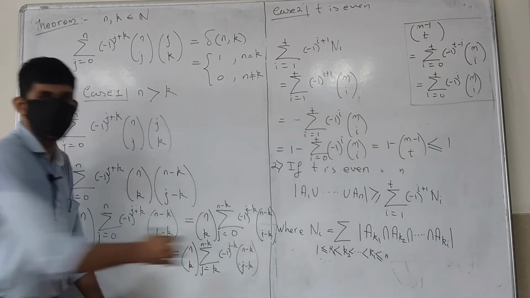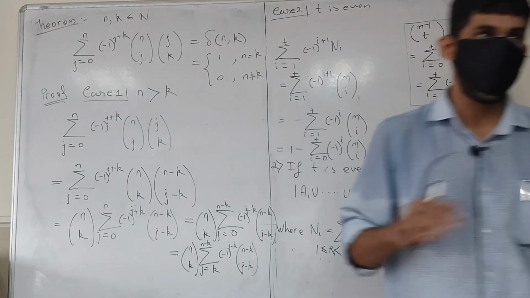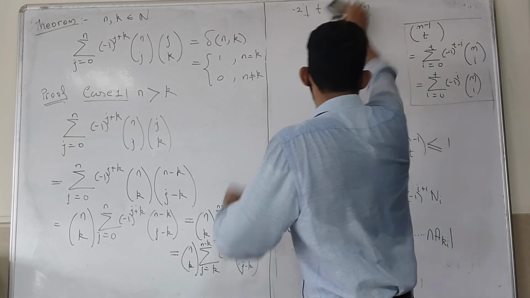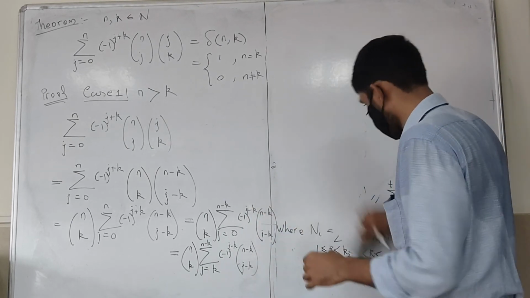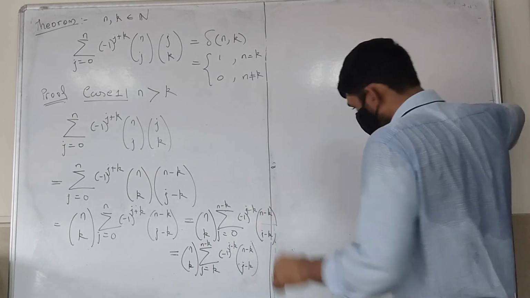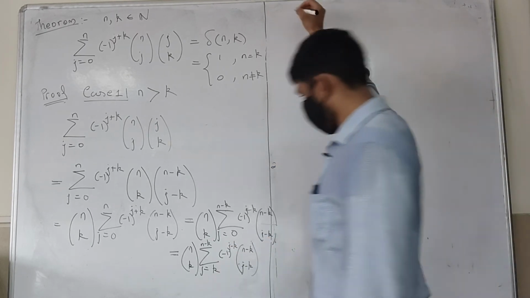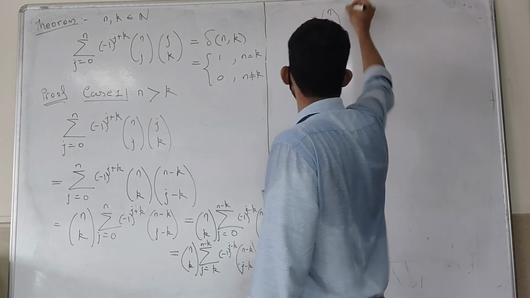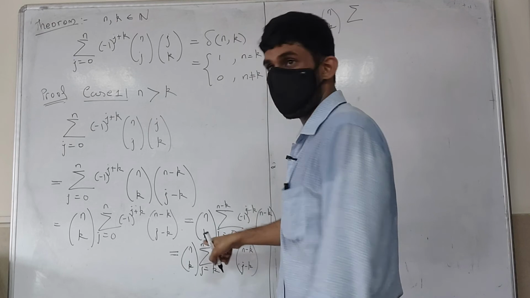Now you can do a change of variable here, that is in place of j minus k you can put i. Okay, and what do you get? What do you get when you put i in place of j minus k? nCk summation, j goes from k to n minus k, right?